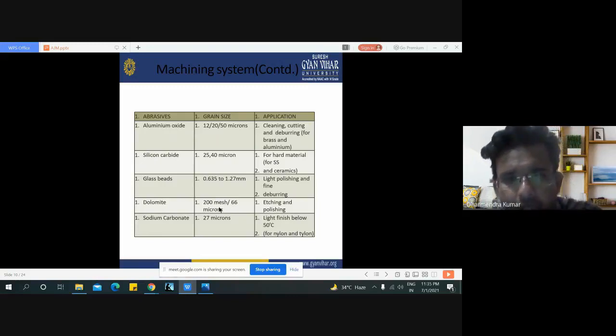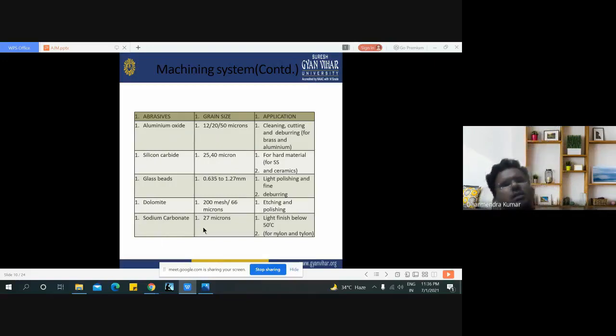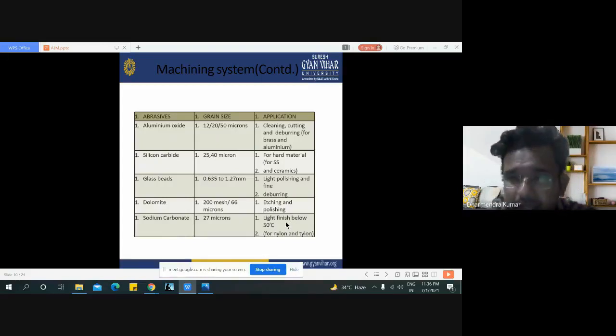Grain size is 200 mesh or 66 microns, for etching and polishing of workpieces. Another is sodium carbonate, which has 27 microns grain size, and it is applicable where light finishing is required.